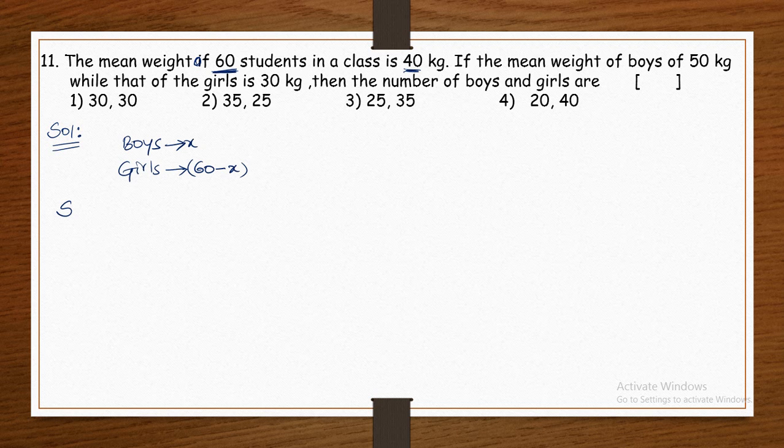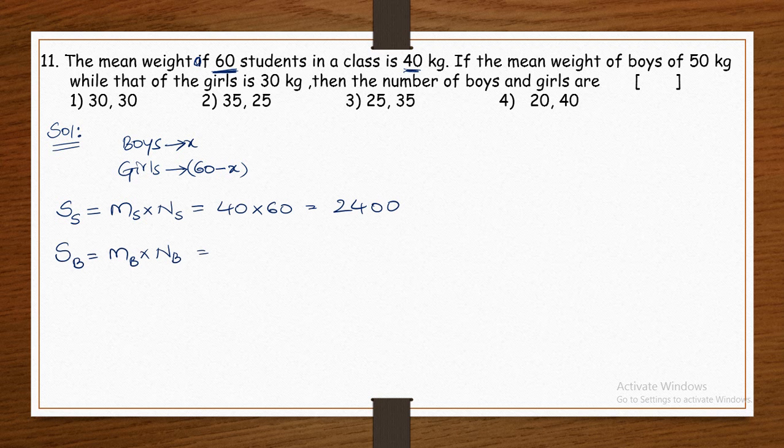So sum of students is equal to mean of students into number of students. Mean of students is 40 kg into number of students 60. So 40 times 60 is 2400, right? The same way, now moving on to the mean weight of boys. Sum of boys is equal to mean of boys into number of boys.